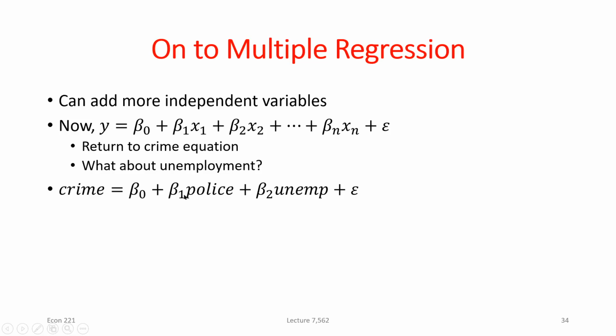Well, first, beta 1 would be, if I spend one more dollar on my police force, the change we would expect to see in crime, holding constant the unemployment rate. So why is that important?